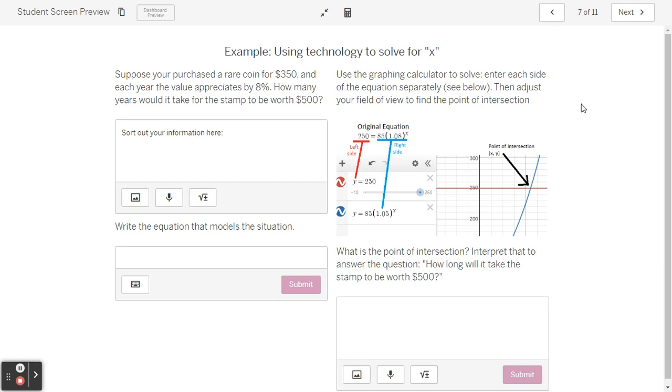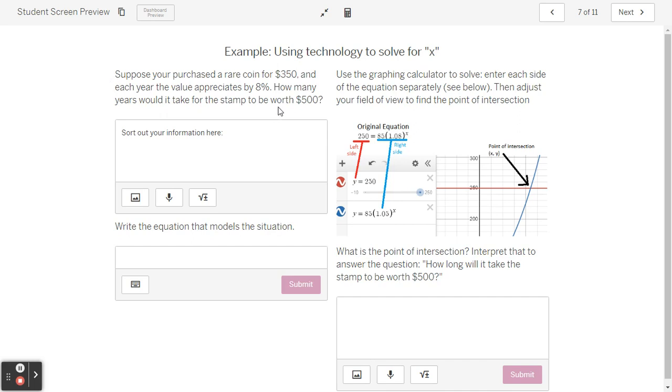Sometimes we need to use technology to solve for variables, especially if we're looking for the b or the x. Let's try this question. Suppose you purchased a rare coin for $350, and each year the value appreciates by 8%.